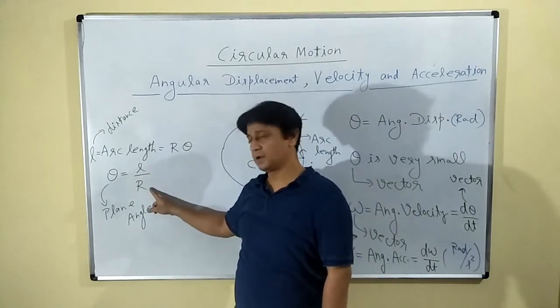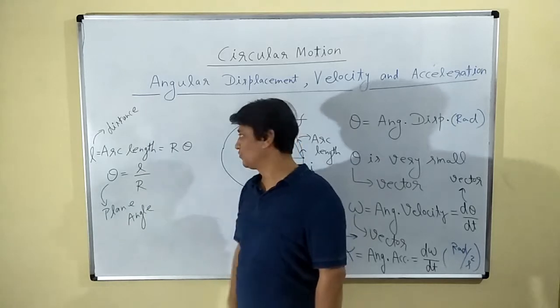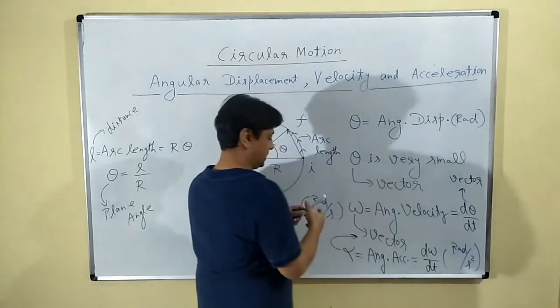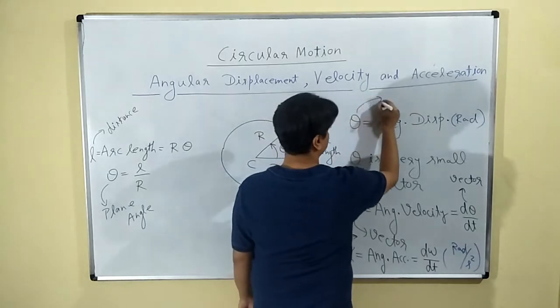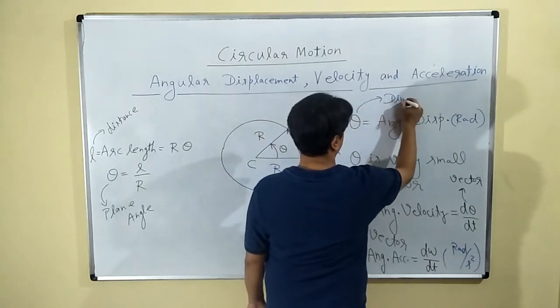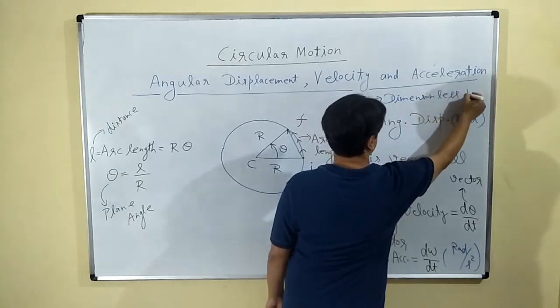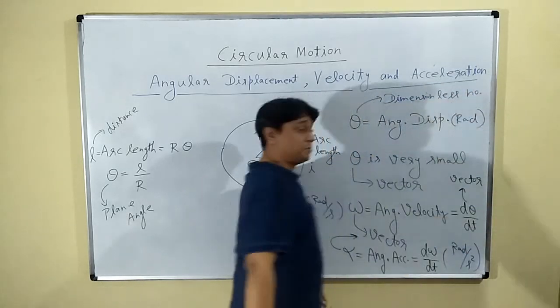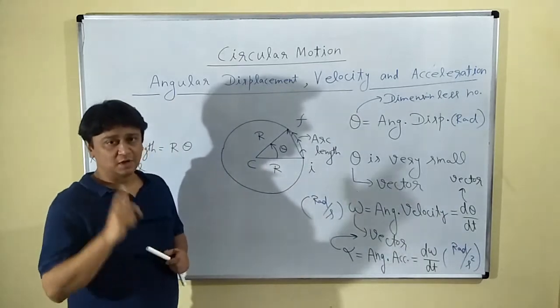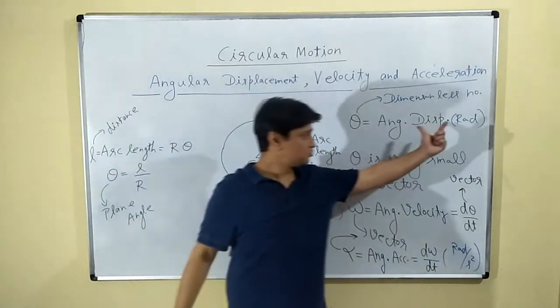Meters. What is r? Meters. And therefore, this theta is a dimensionless number. But this dimensionless number has a unit which is what?